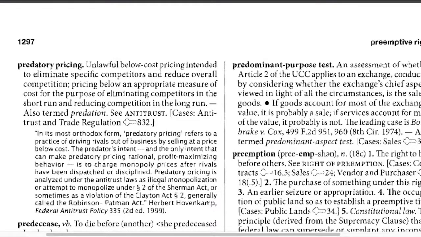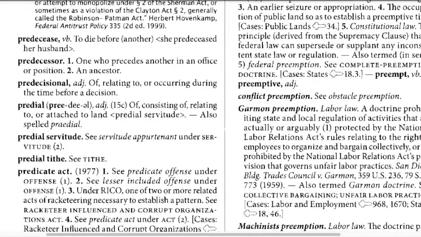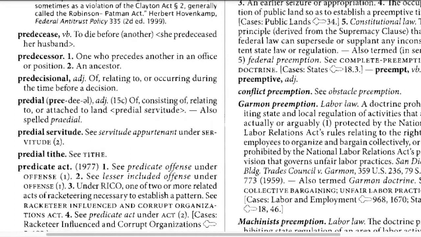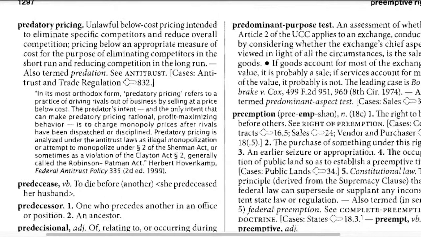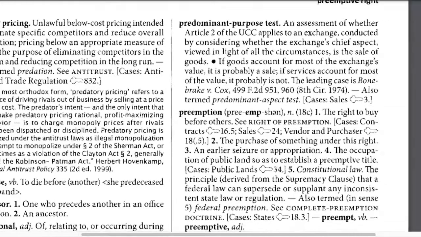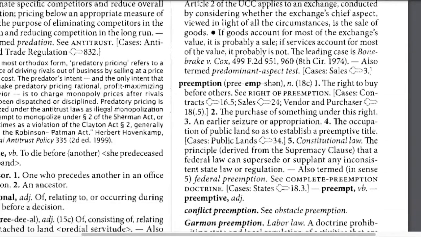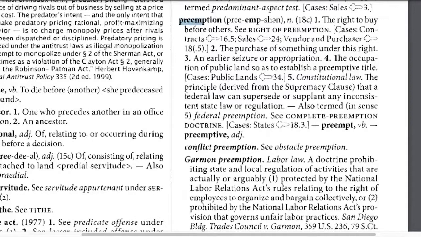Did I miss it? Yeah, here it is. Preemption. 18th century. Noun. The right to buy before others. The right of preemption. Okay. 2. The purchase of something under this right.